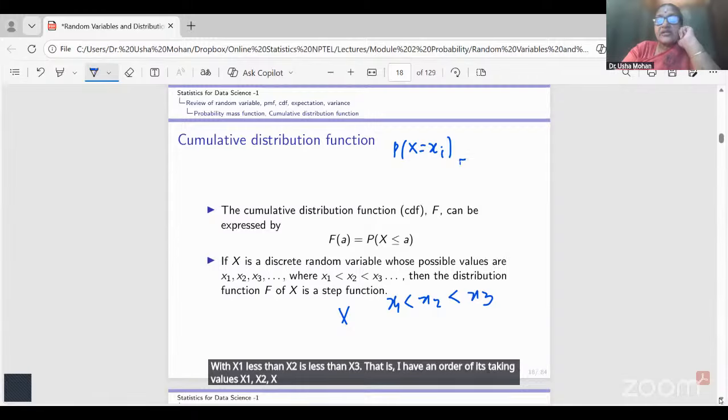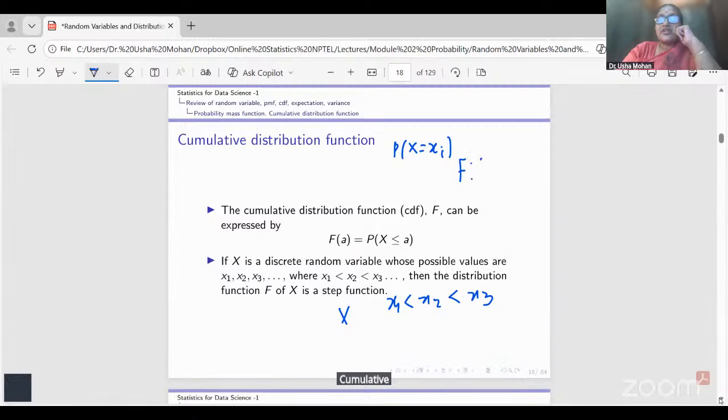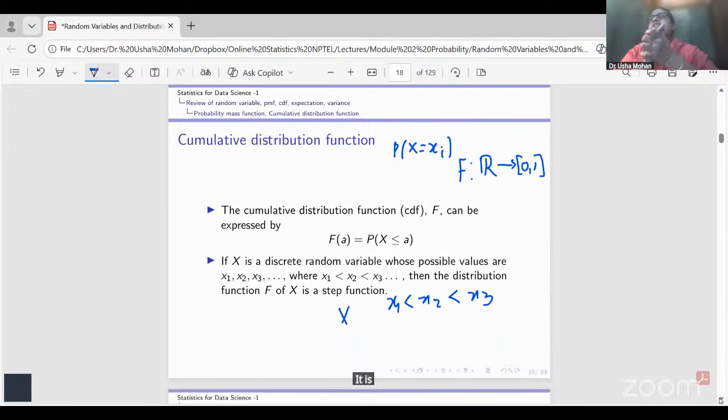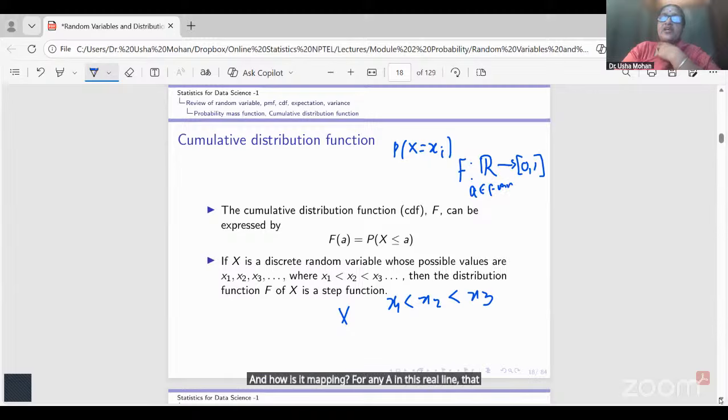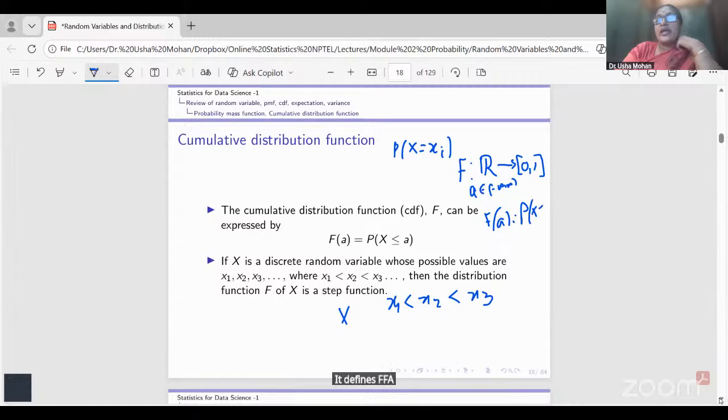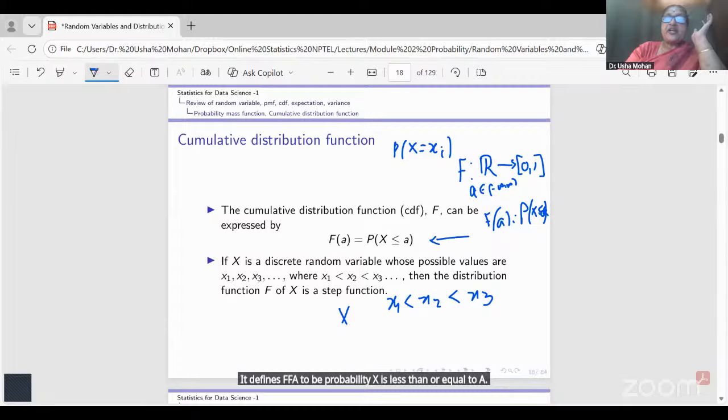Now this cumulative distribution function is a function defined on the entire real line, mapping to 0, 1. And how is it mapping? For any a in the real line, that is minus infinity to infinity, it defines F of a to be probability x is less than or equal to a. Is the definition clear?